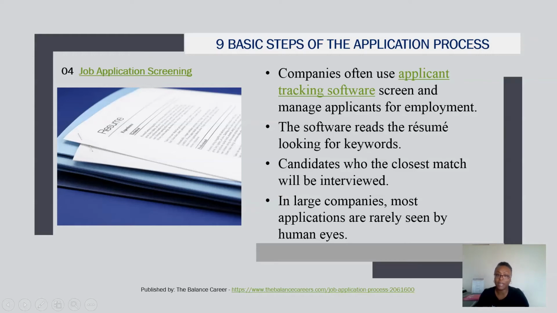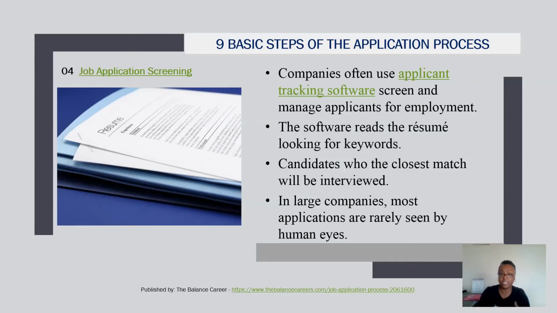Now, I'm missing a step here, because what will often happen is the application tracking system will do the initial scan through the resumes looking for those keywords. So let's say, for example, 100 people apply for a job. The application tracking system may get that stack of 100 resumes down to the top 30.